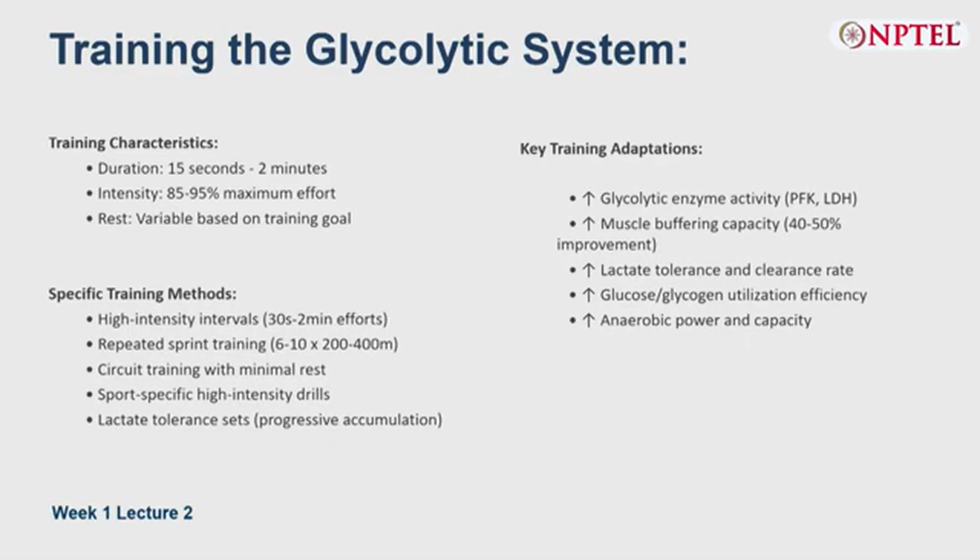The key training adaptation is enhanced glycolytic enzyme activity, namely PFK (phosphofructokinase) and lactate dehydrogenase, which are essentially rate-limiting enzymes for the glycolytic pathway. Muscle buffering capacity is enhanced by 40 to 50%, lactate tolerance and clearance rate are enhanced, glucose and glycogen utilization efficiency increases, and anaerobic power and capacity also increase.